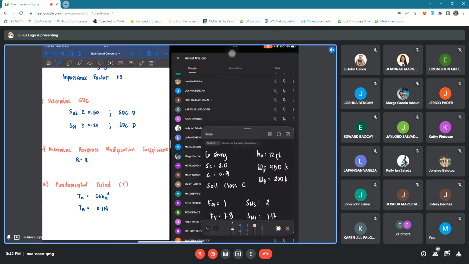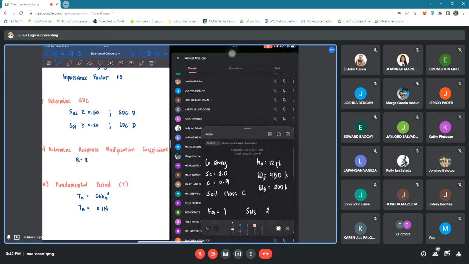So, kapag 6 story and yung height ng kanyang floor level, from the floor to the ceiling, per level, minimum is like 10 feet. Okay, so that's like 3 meters. Gagamitin nyo yung 0.1. So, in our case, 6-story lang to, tapos ang height ng per story is 12 feet, pwede nyo gamitin yung approximate na 0.1.